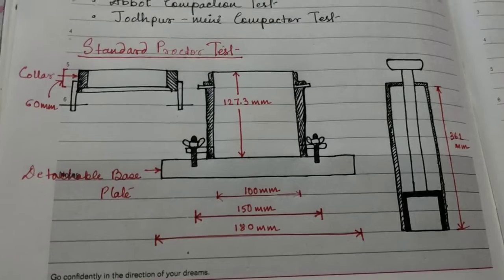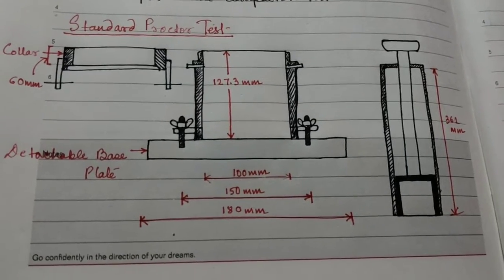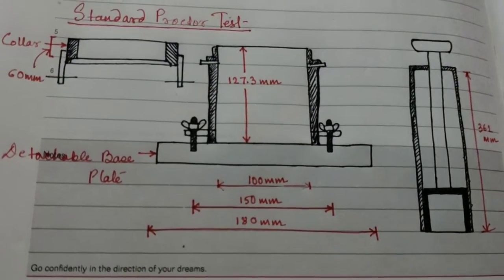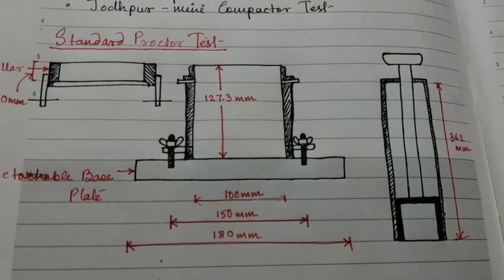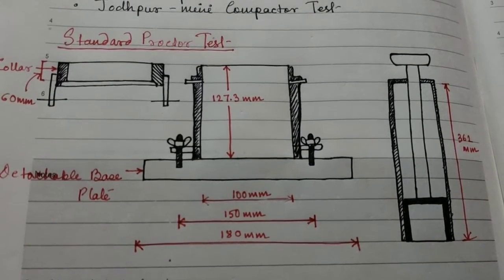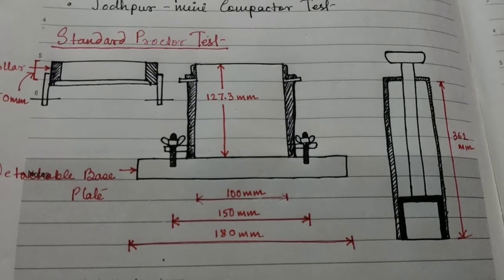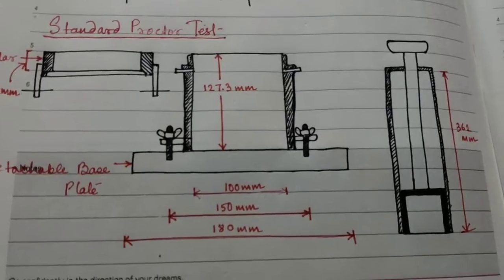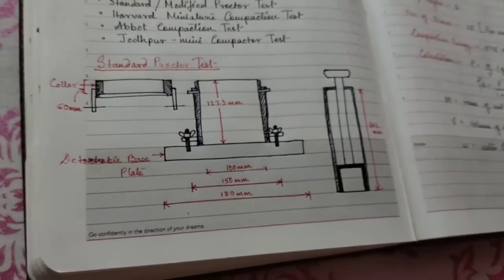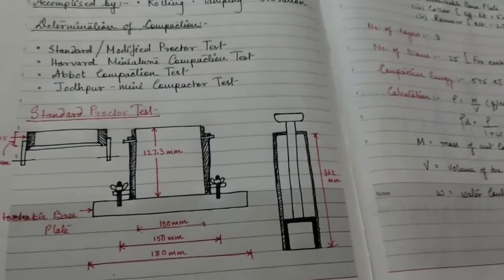Normally about 3 kg of air-dried and pulverized soil passing through 4.75 millimeter sieve is mixed thoroughly with a small quantity of water. The mixture is covered with wet cloth and left for a maturing time of about 5 to 30 minutes.